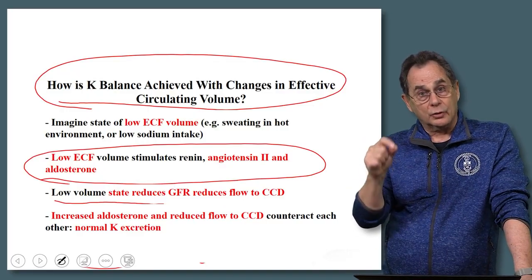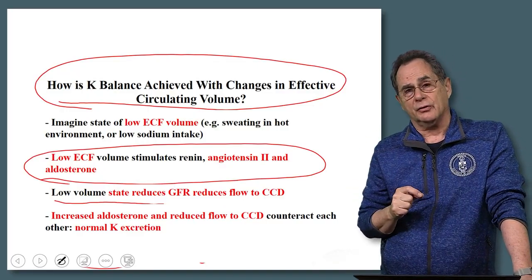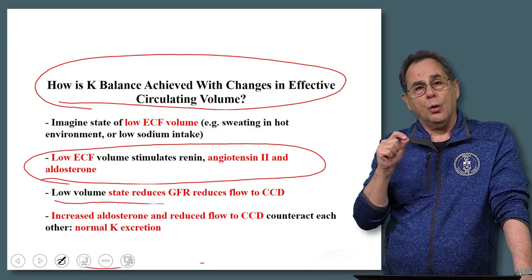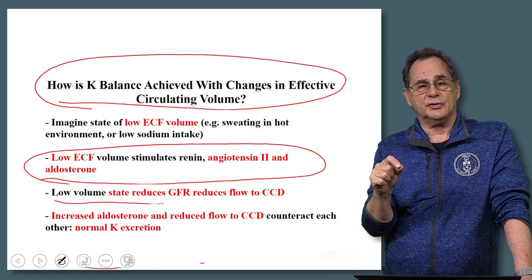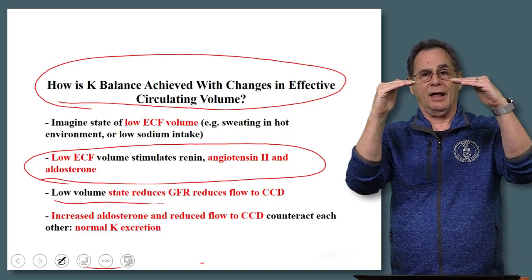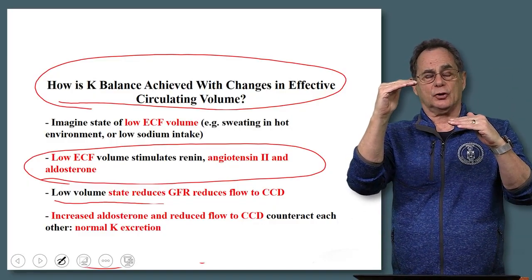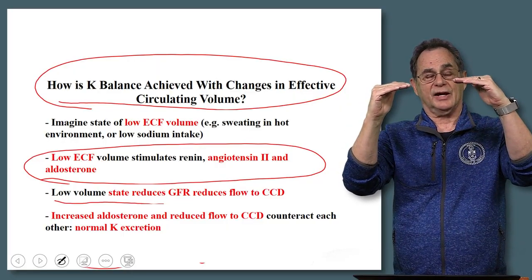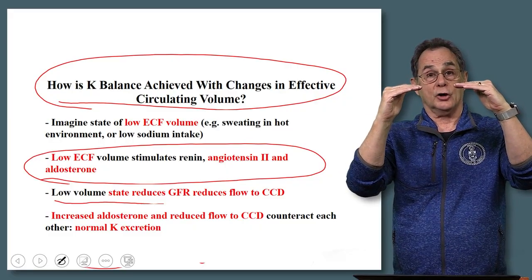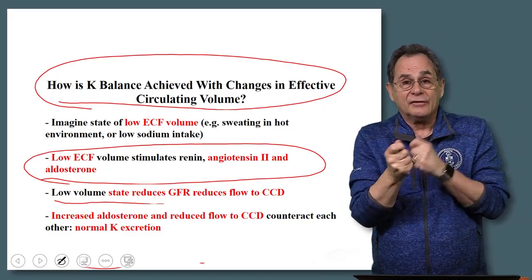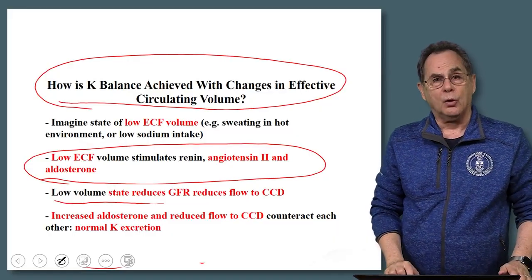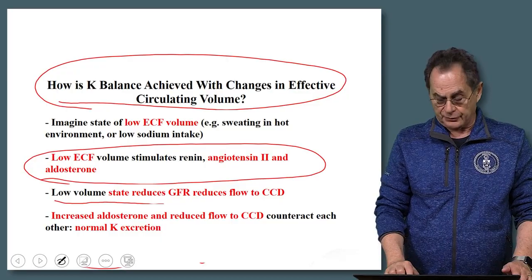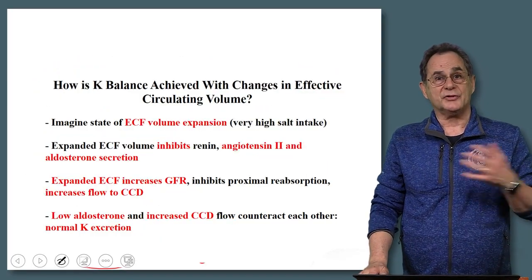High aldosterone, as a consequence of the decreased extracellular fluid volume, will serve to increase potassium secretion. So you're in balance: you reduce passive K secretion because the flow rates go down, but you increase it by virtue of the aldosterone. You maintain balance by having those opposite effects of a rise in aldosterone and a reduction in the urine flow rates.